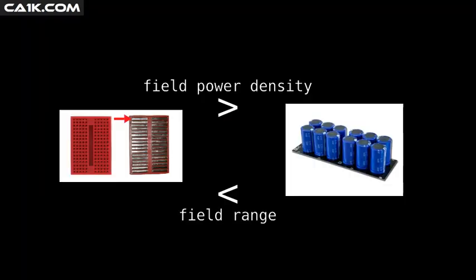As you can see, the breadboard is better for power density near the coil, while the capacitor bank is better for power distance due to frequency differences as shown by the spark gap.